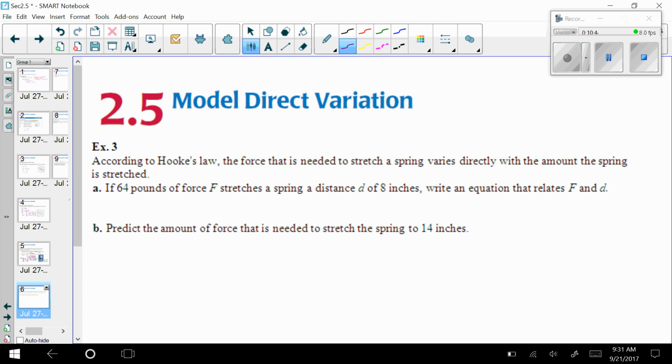In the next example, it says, according to Hooke's law, the force that is needed to stretch a spring varies directly with the amount the spring is stretched. So the force varies directly with the amount of spring that is stretched.